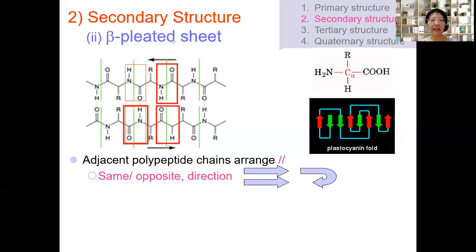I was looking for the N. The N is here, okay, there's an N here. So again, the hydrogen bond is formed between the CO and the NH, which are also involved in forming the peptide bond. Apart from forming the peptide bond, they can also form the hydrogen bond. Can you see here? The hydrogen bond. So the hydrogen bond overlaps with the peptide bond.